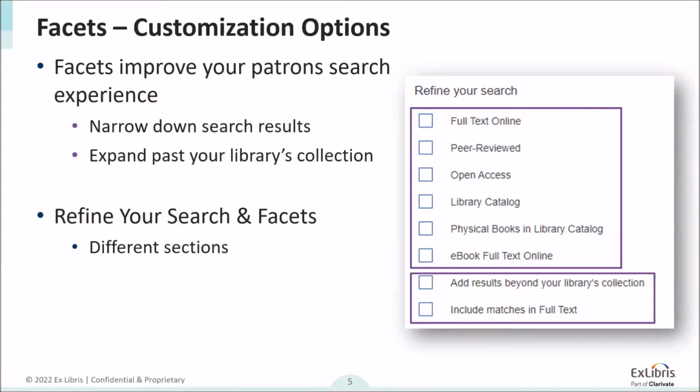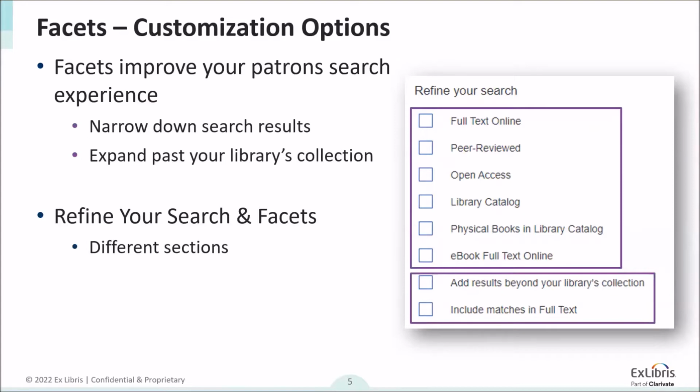So our Summon facets are really designed to improve your patron search experience. In your Summon UI, they will appear on the left-hand side of the site. And the purpose of them is to be able to narrow down a search result set.